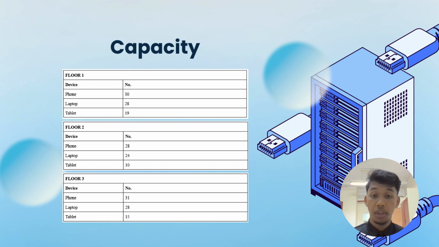On floor three, the estimated count was 31 smartphones, 28 laptops, and 15 tablets. This data helps us determine how many access points are needed to provide stable connectivity without overloading any single access point.